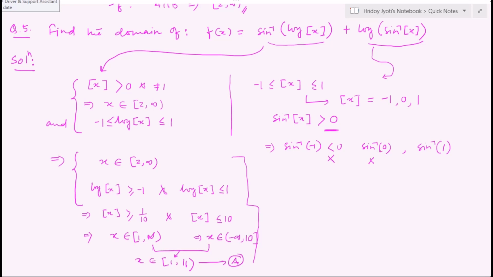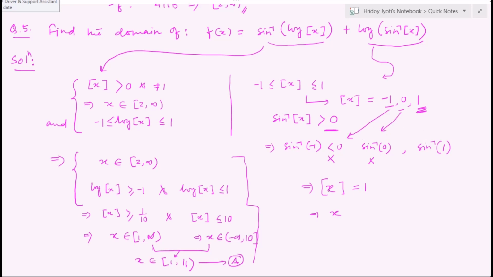So from there we'll be getting GIF of x equal to 1, which is what is required. The rest, these two, are neglected because of these reasons.